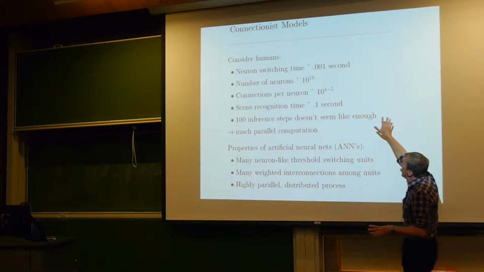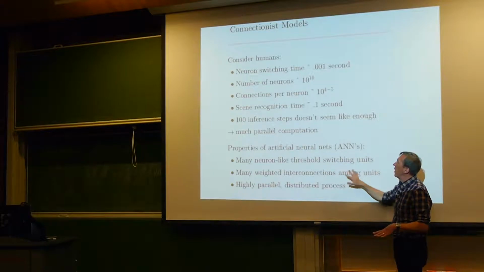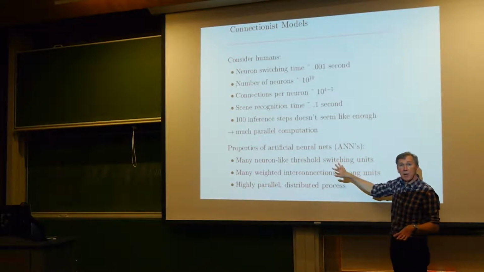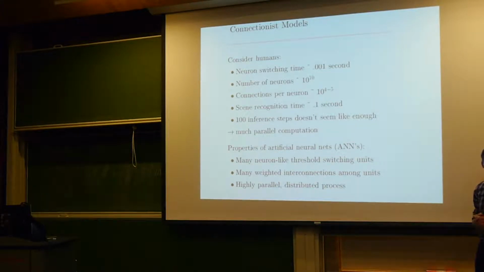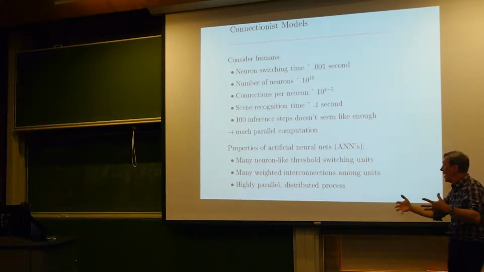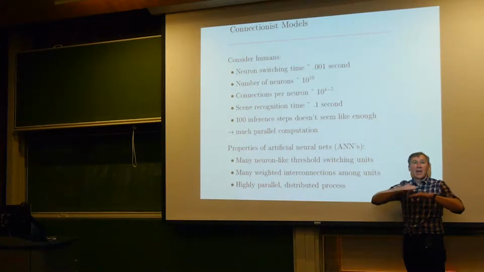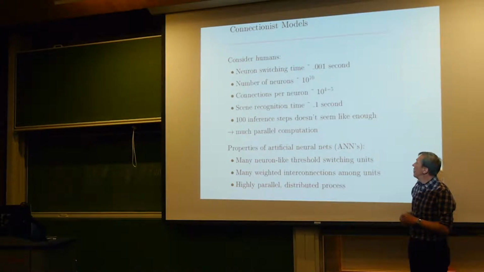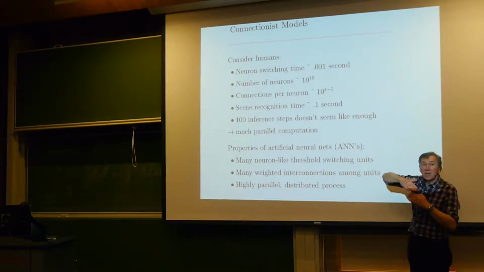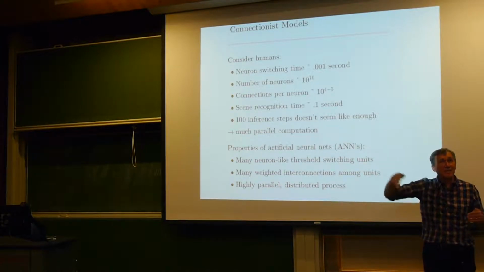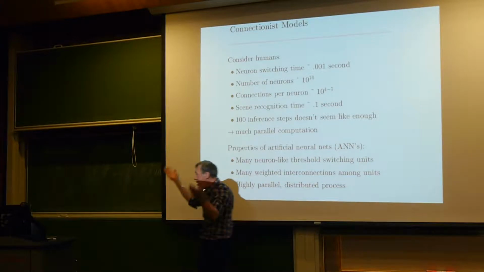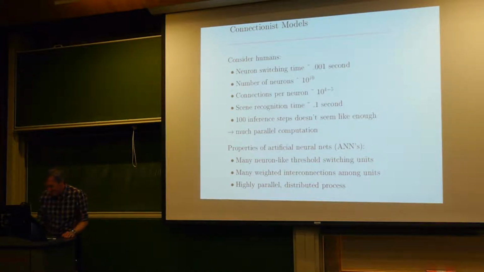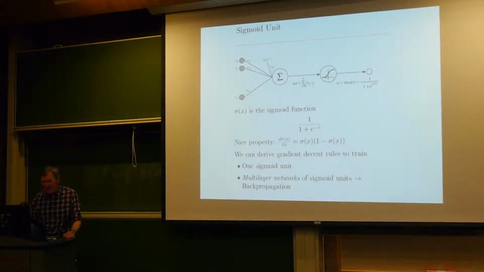But this was taken as motivation for why we might want to look at artificial neural networks, by designing systems that have many neuron-like threshold units connected in a way that's very wide and somewhat deep, but not millions of neurons deep. Okay, so that was one of the overarching guiding ideas that was floating around at the time.